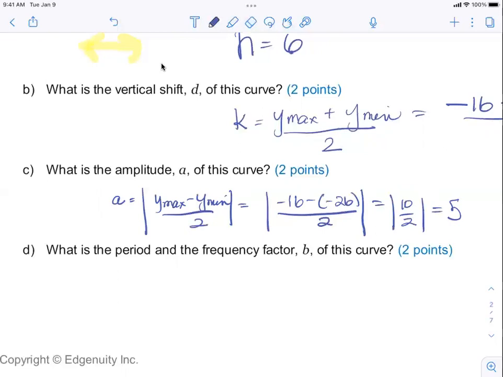Letter B, what is the period and frequency factor of this curve? Sorry, this is letter D, but define B. So the period is how long it takes, and that's equal to 16. And in order to find your frequency factor B, you're going to have 2 times x max minus x min.